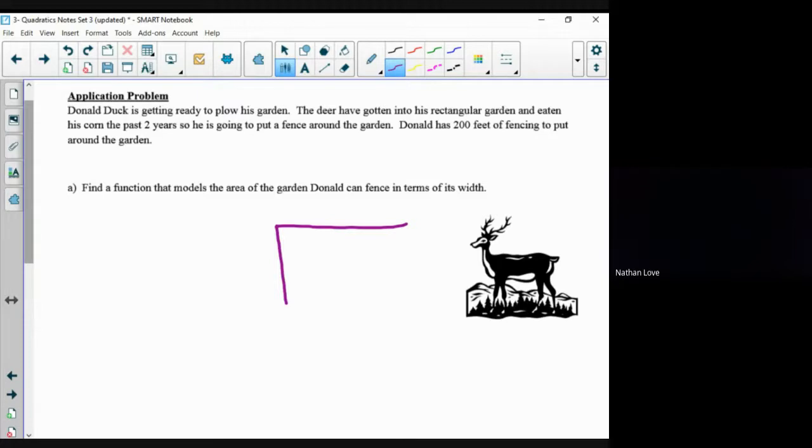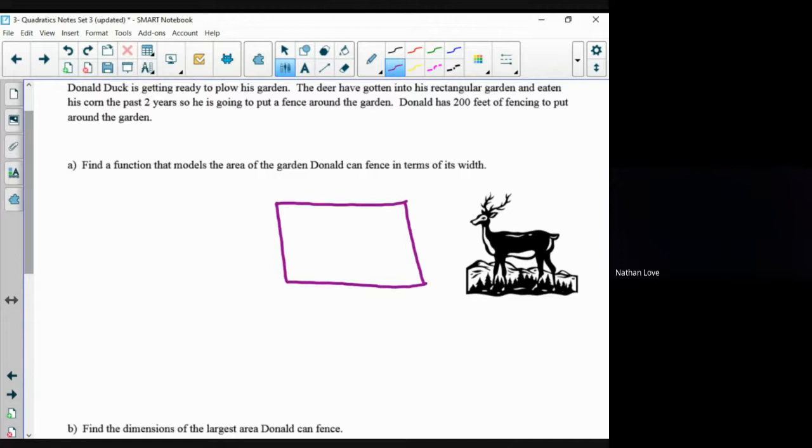Draw your pen, or your garden. There's your garden. Label it. W, W. Cursive L, cursive L, that way I don't get cursed at for writing crazy L's.